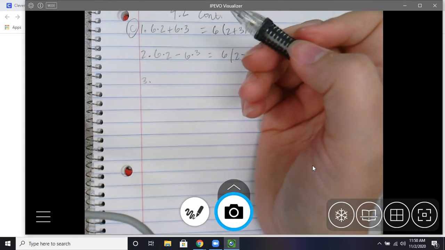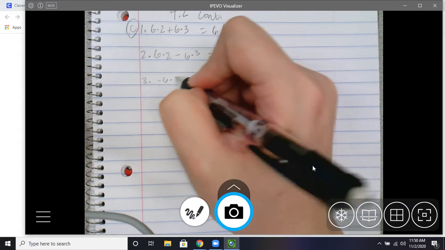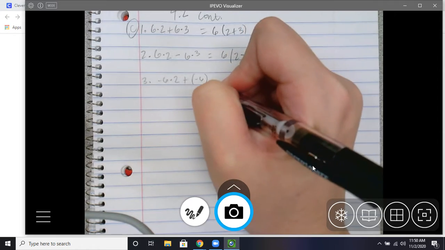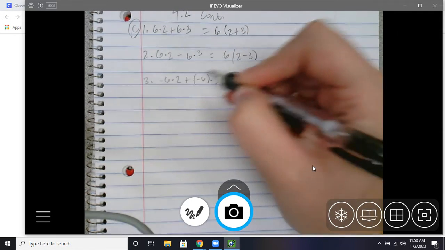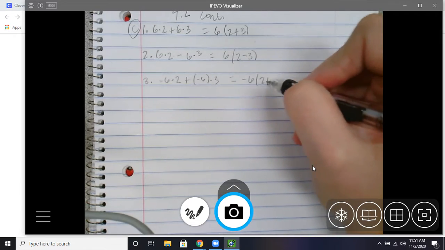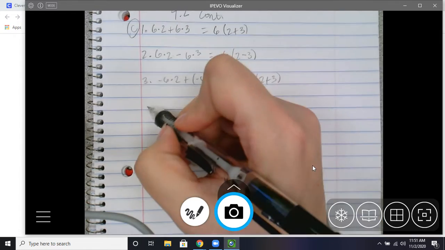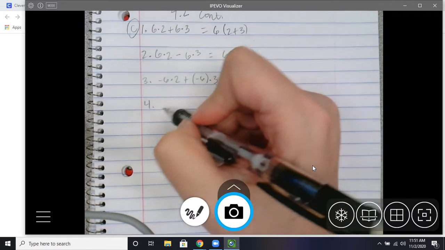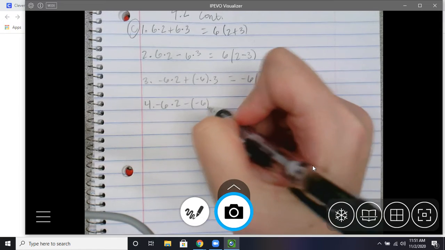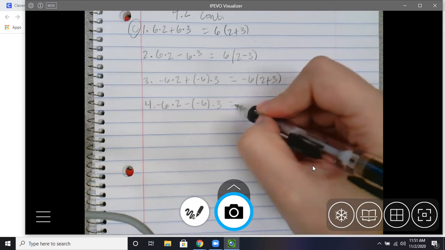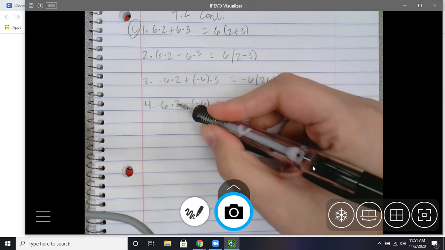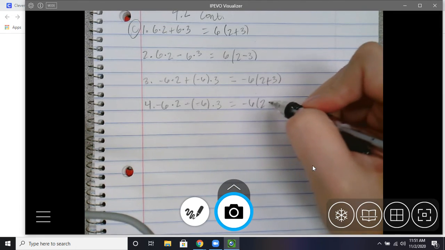Number 3, negative 6 times 2 plus negative 6 times 3. So they have negative 6 in common this time, and then 2 plus 3. Number 4 is negative 6 times 2 minus negative 6 times 3. So they both have a negative 6 in common here, but it's going to be 2 minus 3.